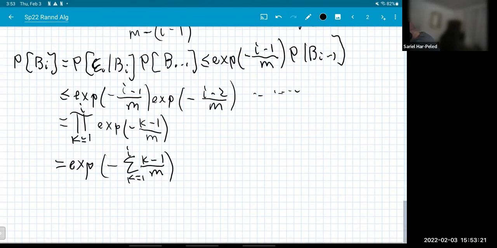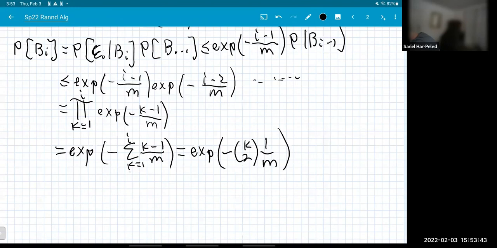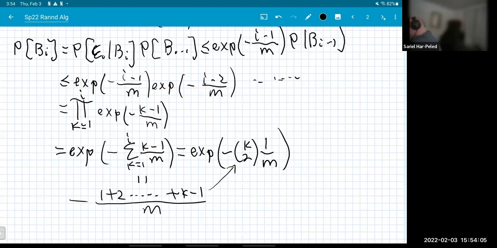If you think about it a second, this is just exp of minus k choose 2 over M. I just used the fact that this summation is 1 plus 2 plus up to k minus 1, divided by M. So the sum from 1 to k minus 1 is exactly this, and you get this formula.